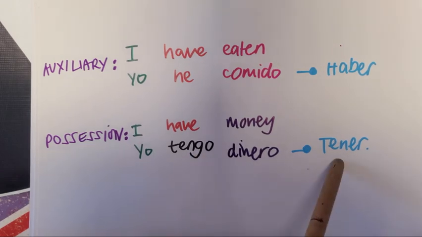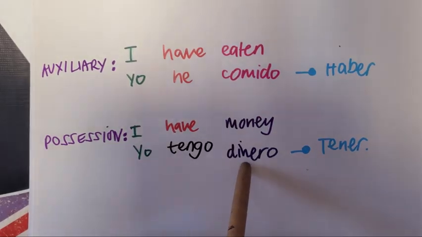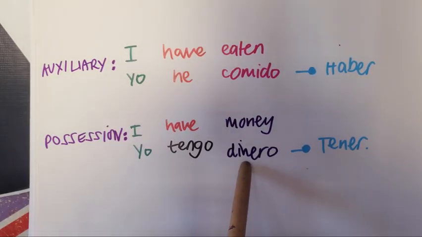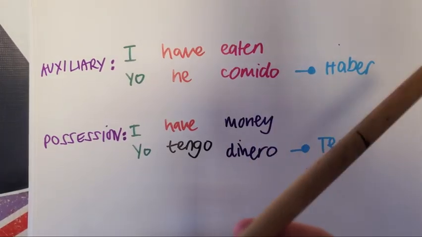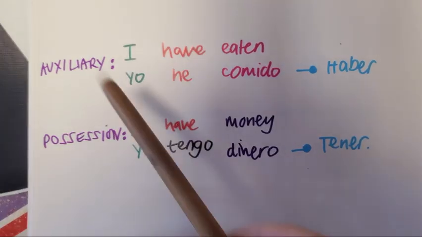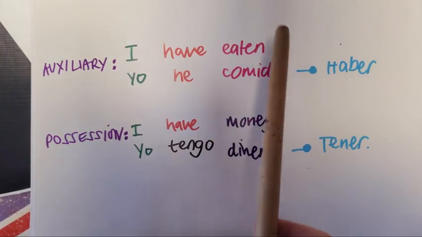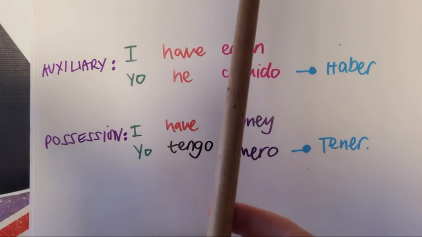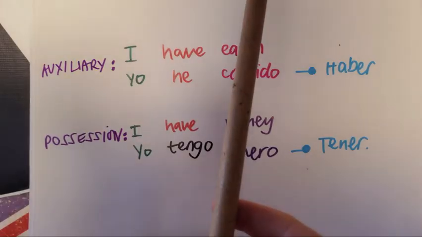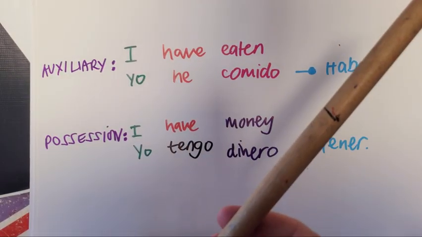Tener is to have when there's an object, something physical. This baton made out of wood. I have a baton. I could say, yo tengo un batón, because conveniently the word for baton in Spanish is the same, baton. So yo tengo un batón.